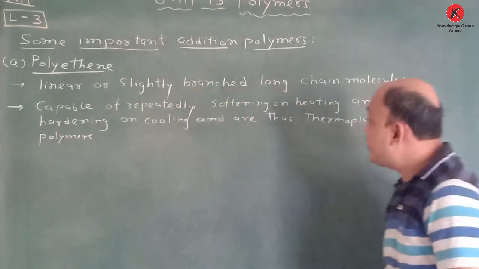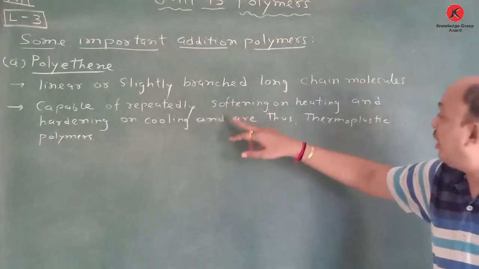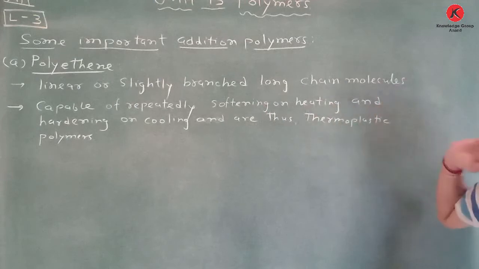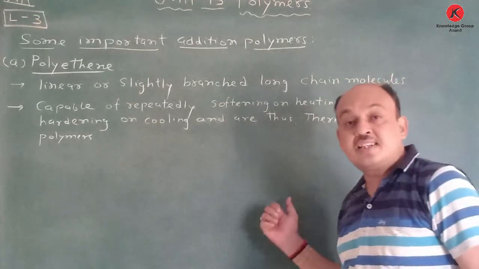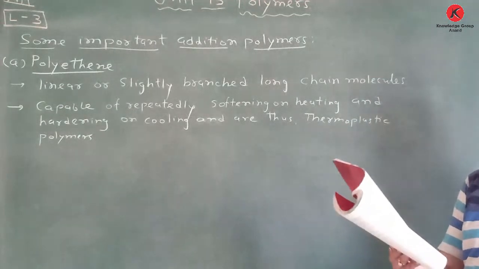That means this is the definition of thermoplastic polymers. Those polymers which are capable of repeatedly softening on heating and hardening on cooling are considered thermoplastic polymers. This is very important.